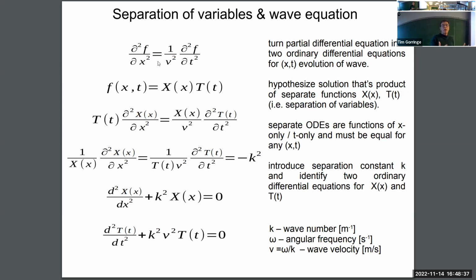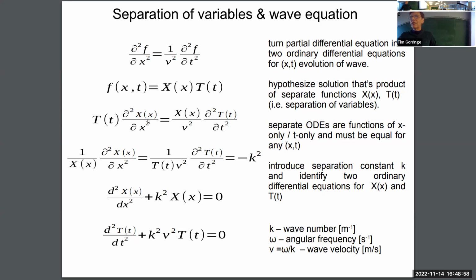I just called those uppercase X and uppercase T. If I insert that hypothesis into the wave equation, when I'm differentiating with respect to x, I can pull out the time function. If I'm differentiating with respect to time, I can pull out the spatial function.